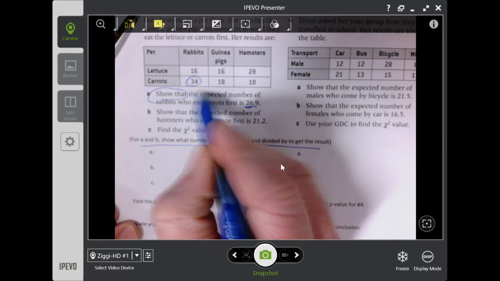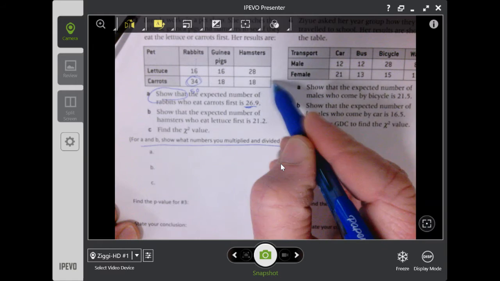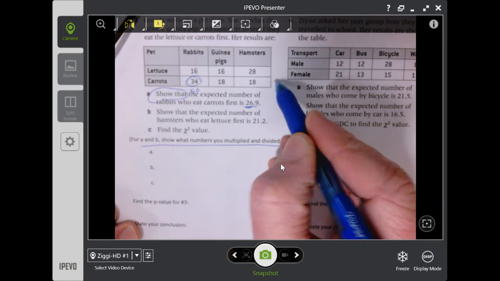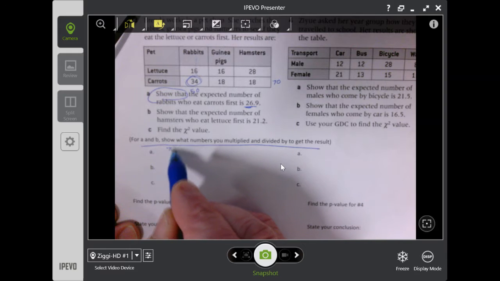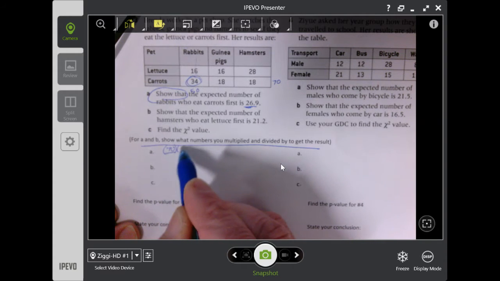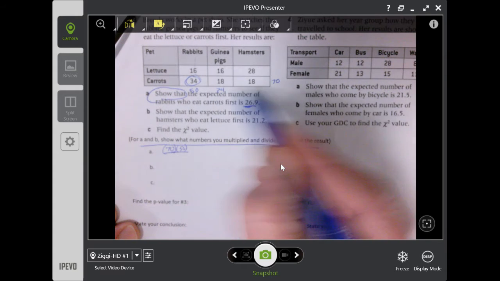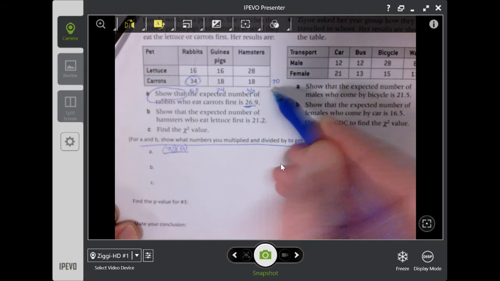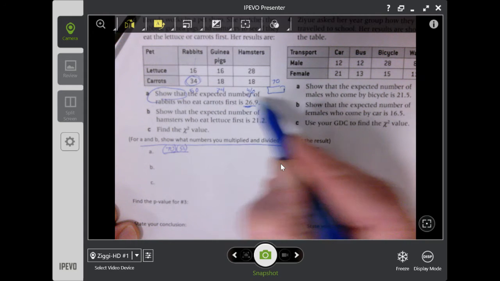So you need to have the column total and the row total, which is 70 times 50, and then we need the overall total down here, so 130.